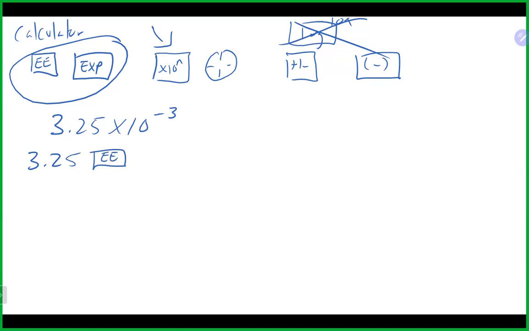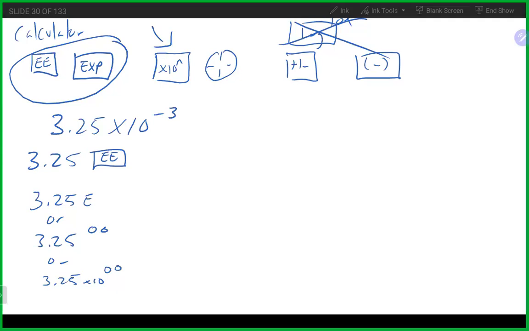No multiplication, nothing else. You should hit your exponent button. And what it will most likely look like on your calculator is 3.25 with an E next to it. Or you may have 3.25 and it'll pop up a couple of zeros. Or you might have 3.25 times 10 and then a couple of zeros. So one of those options is probably what you're looking at if you just did that.